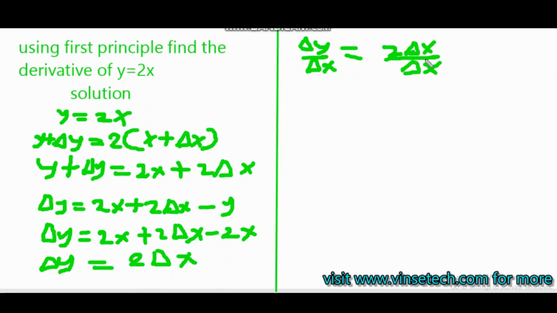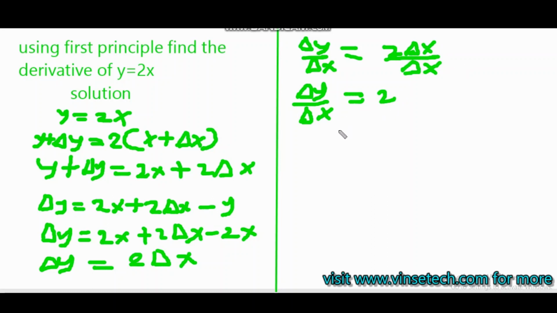Looking at this, we can see that delta x can cancel out. So cancelling the delta x on the right hand side, we now have change in y over change in x is equal to 2. That is, when these two delta x cancel out, you now end up having 2.